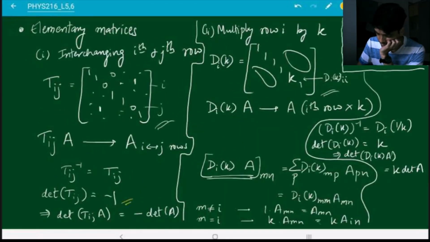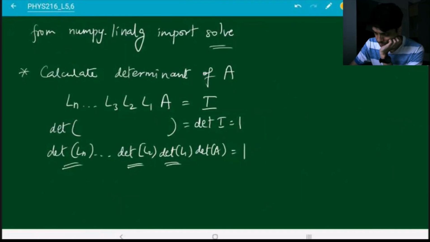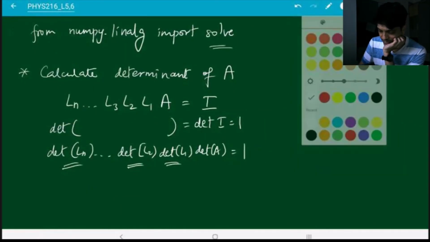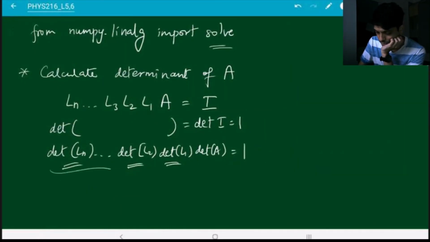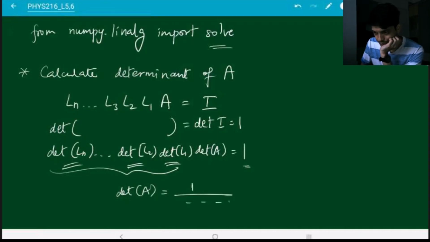So here this one's determinant is -1, this one's determinant is k, and so on. So using that fact, you know the determinants of all of these, and you know that the right hand side is going to be 1. So from this, it is straightforward to calculate what the determinant of A should be. So that's how you calculate the determinant.